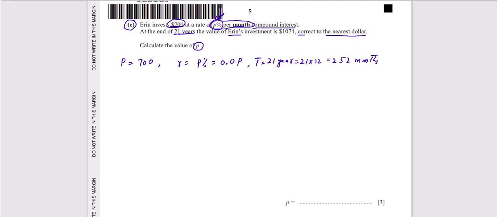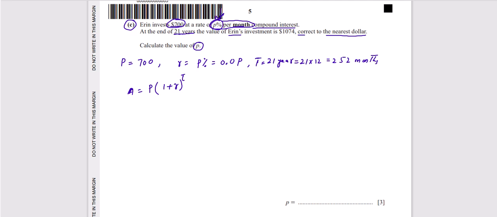Okay, now we have the formula. Amount is equal to P into (1 plus R) overall power T. Here A is the amount.